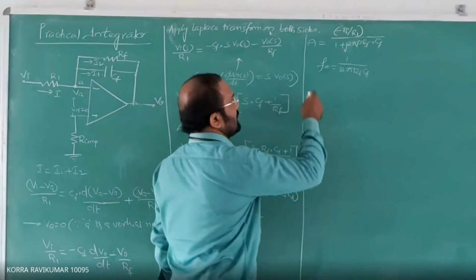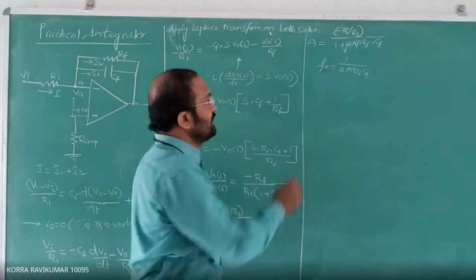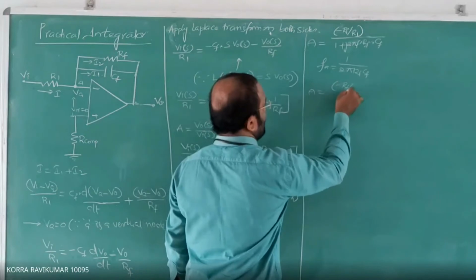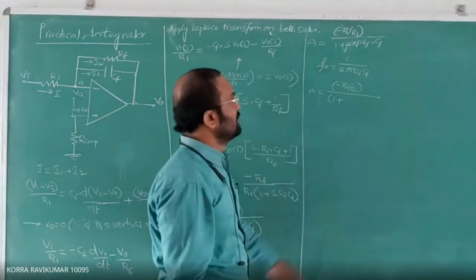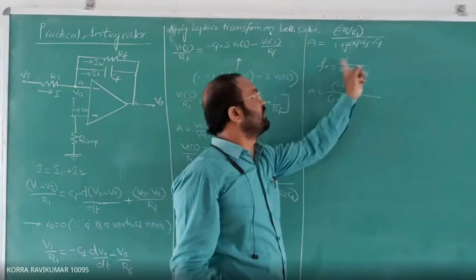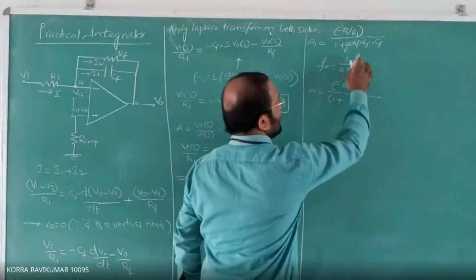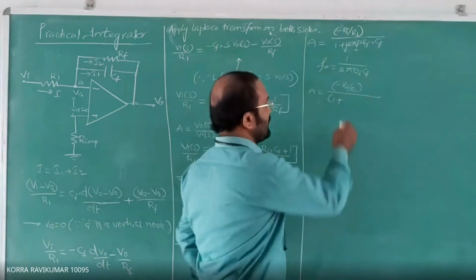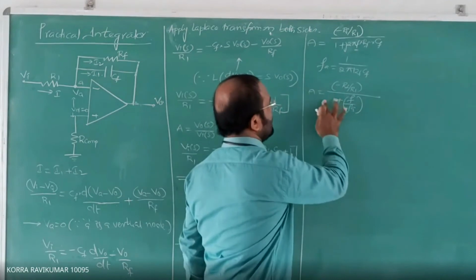So I can rewrite this expression by just replacing this term with fa. Then A is equal to minus RF by R1 divided by 1 plus, look here, we are replacing it with fa, and f remains here: f divided by fa.